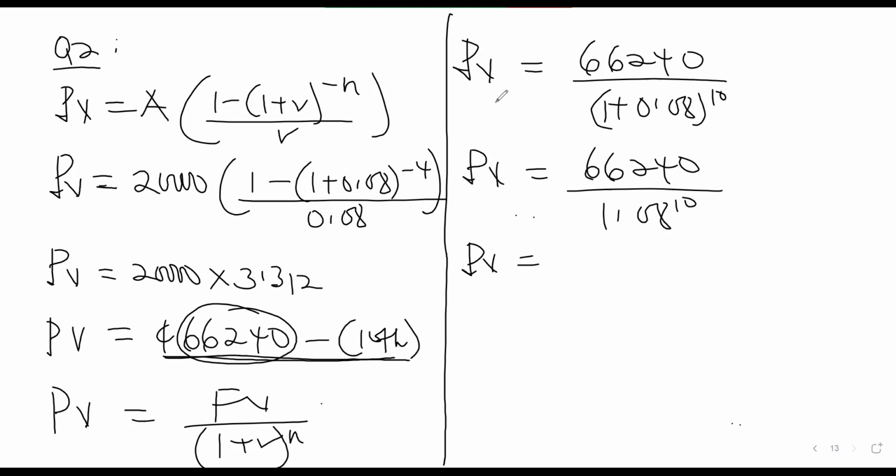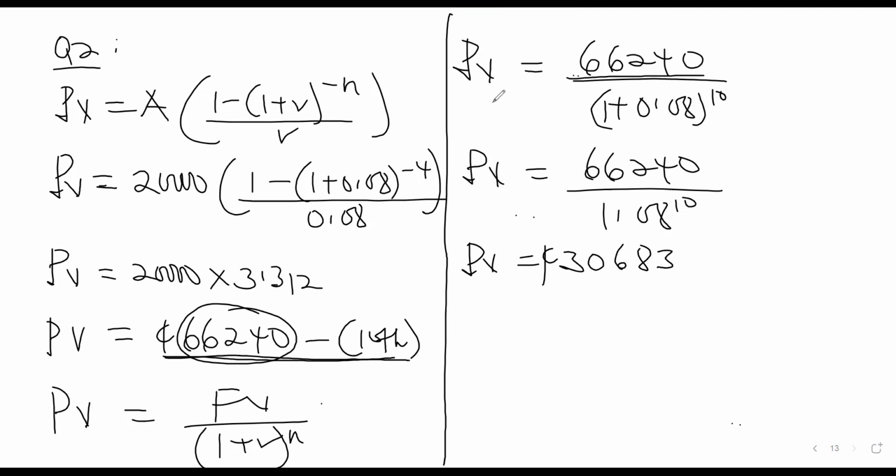We got 3,683. So that is the amount that your father has to put there, so that at the end of the 10th year, it will be 66,240. Then your sister will start withdrawing 20,000, and the rest will still earn interest.